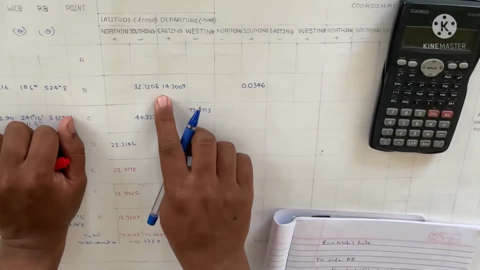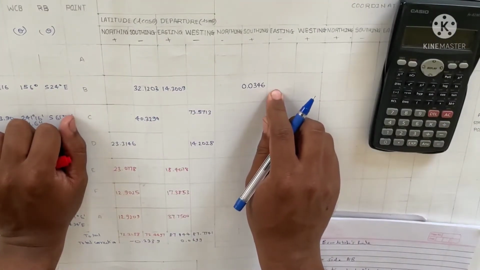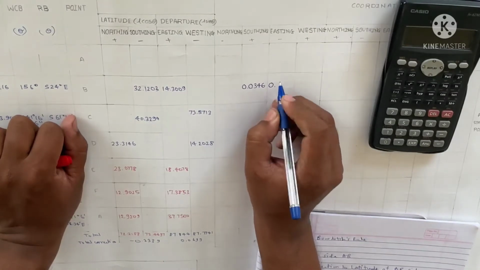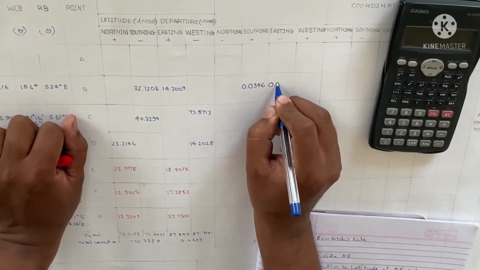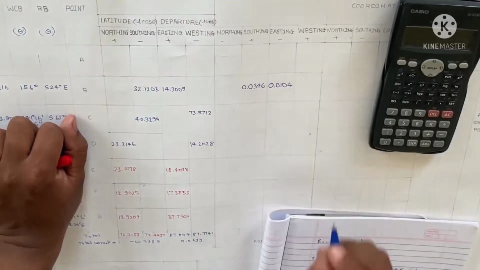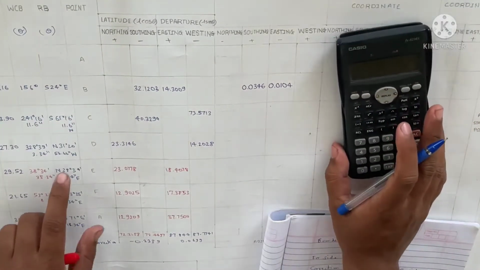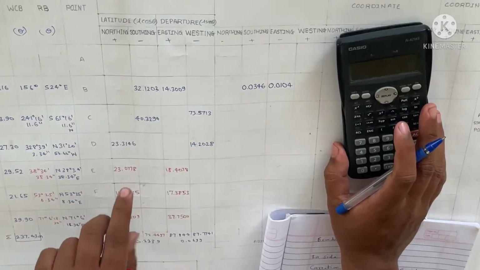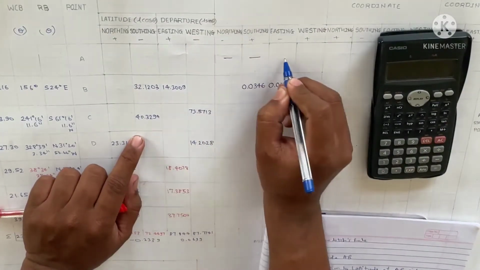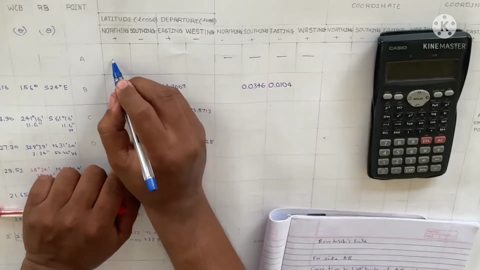Here it is easting, so the correction will be for the easting, and I will write down the value 0.0104. Likewise I am going to do the calculation for the further sides of the traverse. The first line we are going to keep blank like this only.